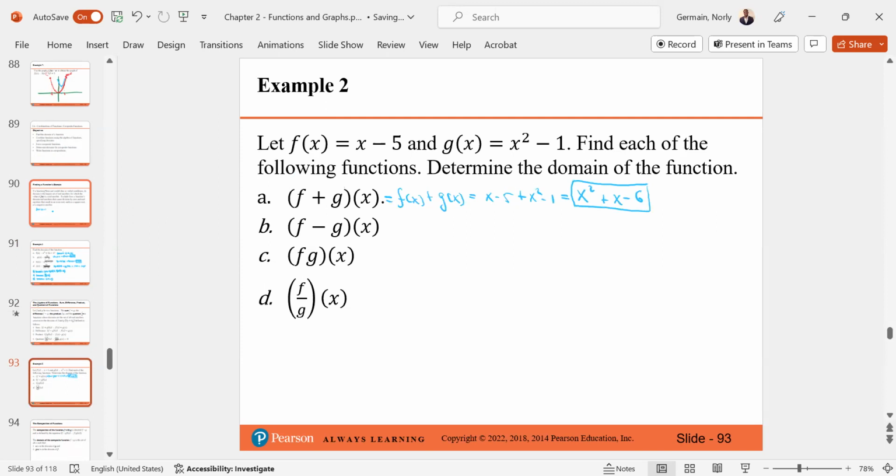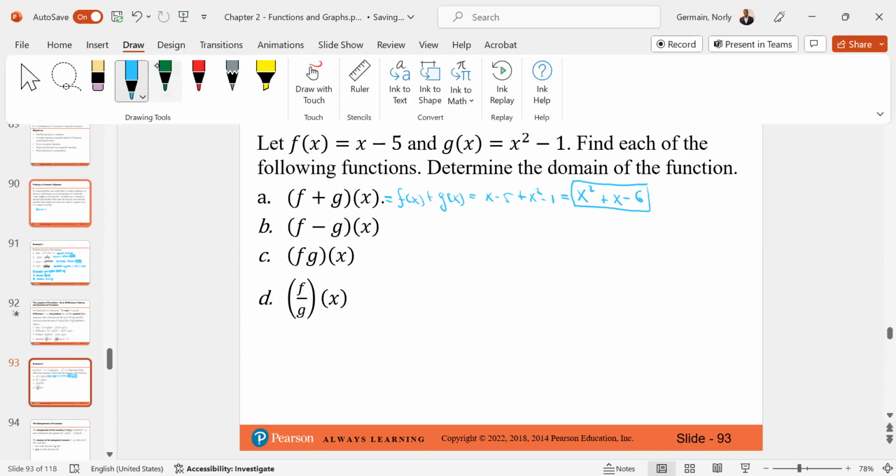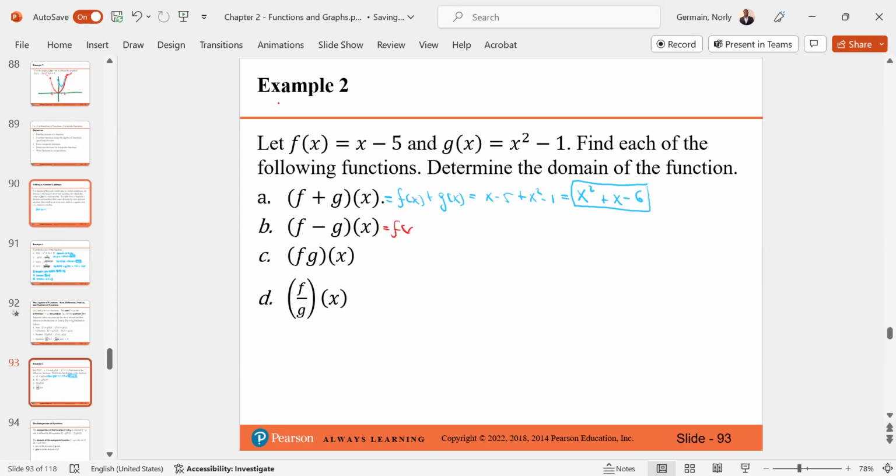Now, when we do f of x minus g of x, it must be different. Why? Because there is a negative. I can just say f of x is x minus 5, but for g of x, I can use parentheses for both of them because I need to distribute the negative sign.